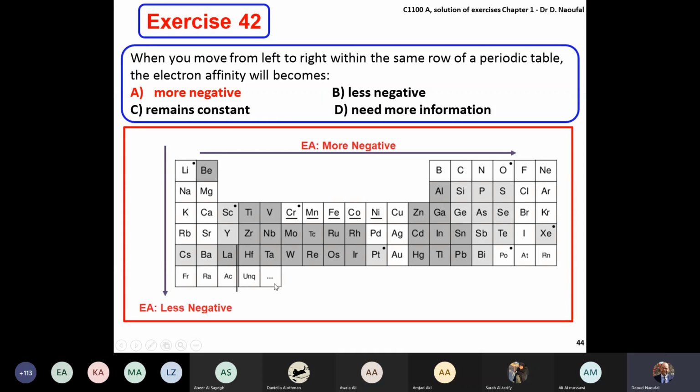As a rule, the electron affinity is less negative in the same group from up to down and in the same row from left to right. So in the same row, the electron affinity from left to right will be more negative, and the answer is A.